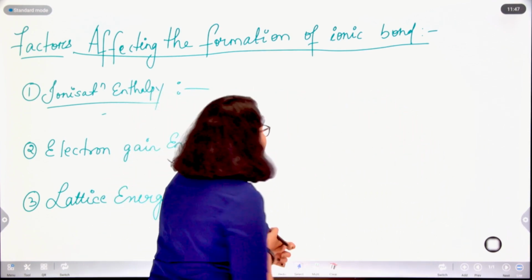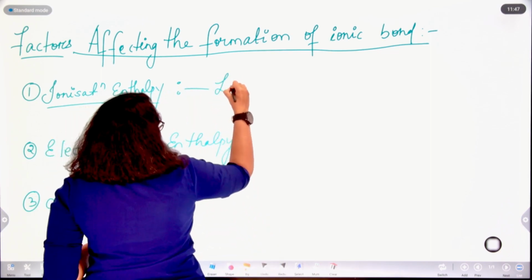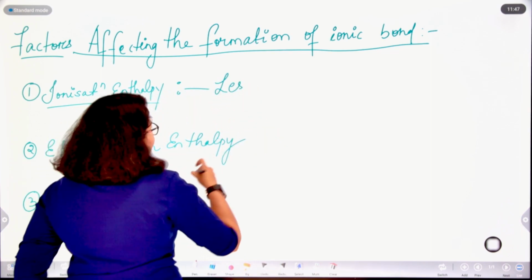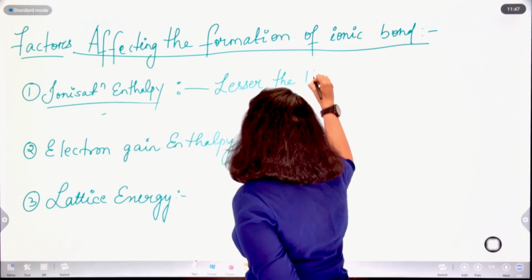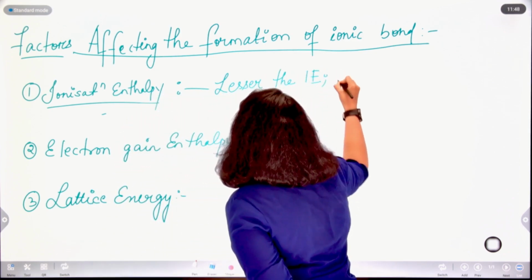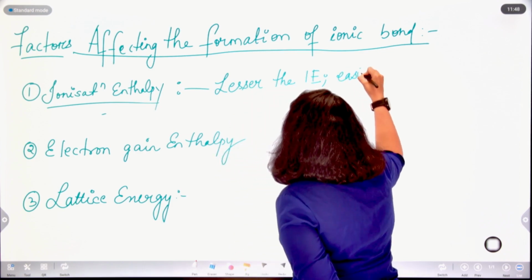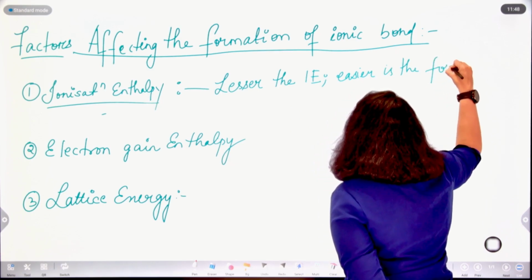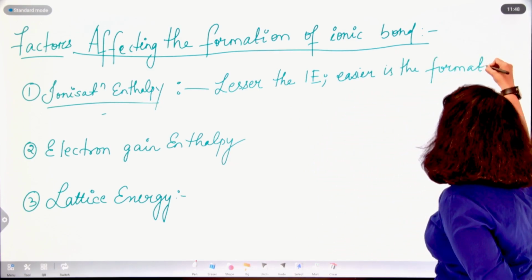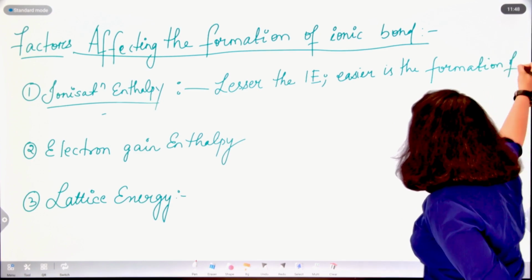So what we can write? Conversely, we can write: lesser the ionization enthalpy, easier is the formation of ionic bond.